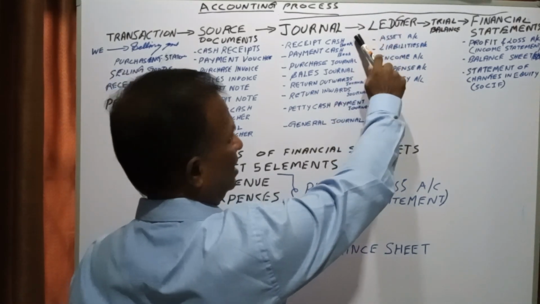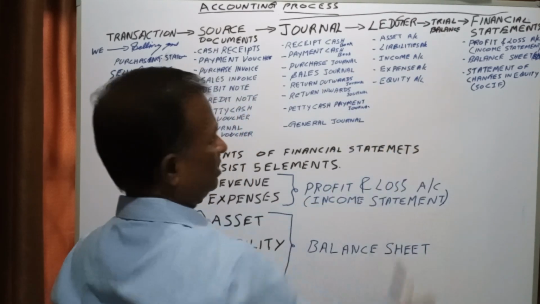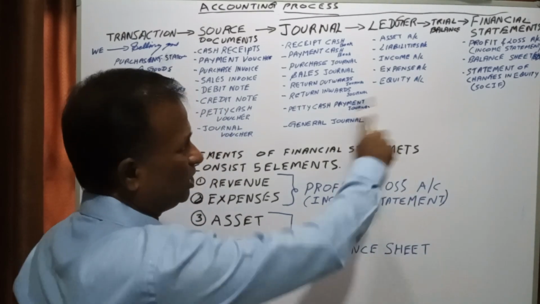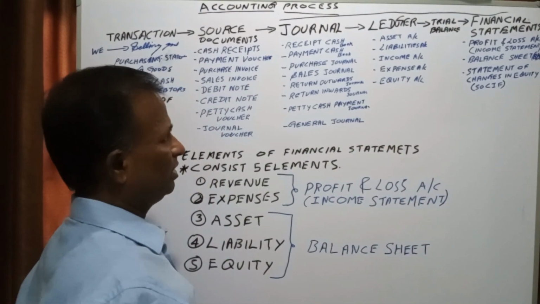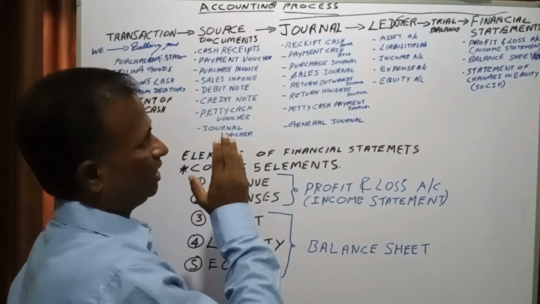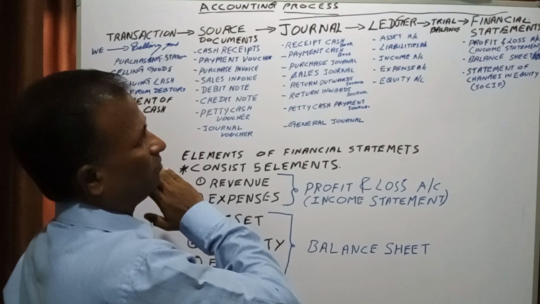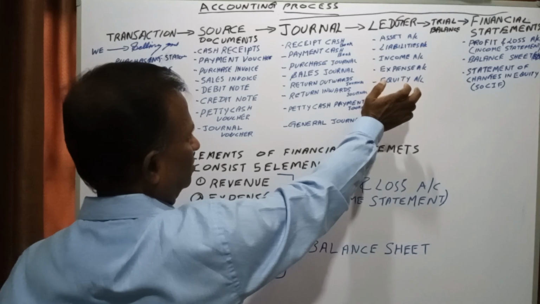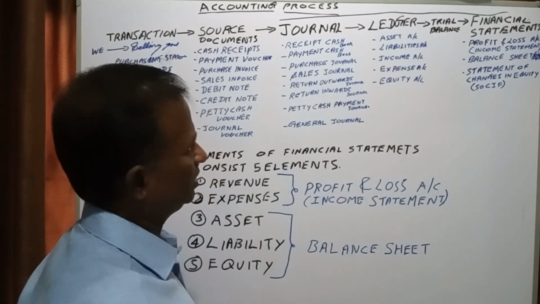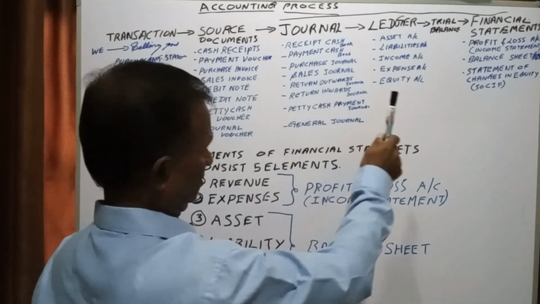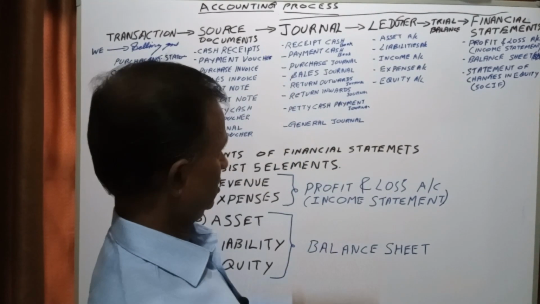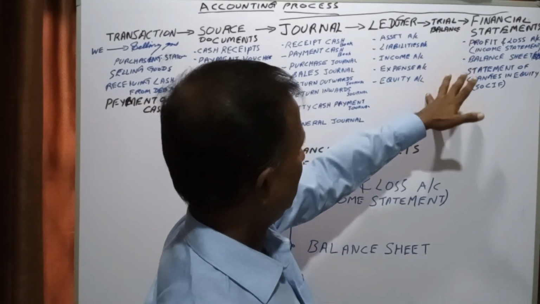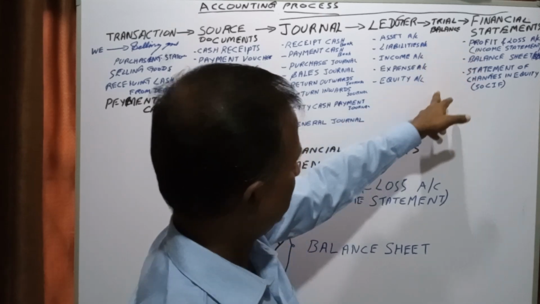In ledger accounts, there are asset ledger accounts, liability ledger accounts, income accounts, expenditure accounts and equity accounts. The relevant account headings will be posted under these headings. So we update the ledgers based on the journals, and from the ledger balances we prepare the trial balance.